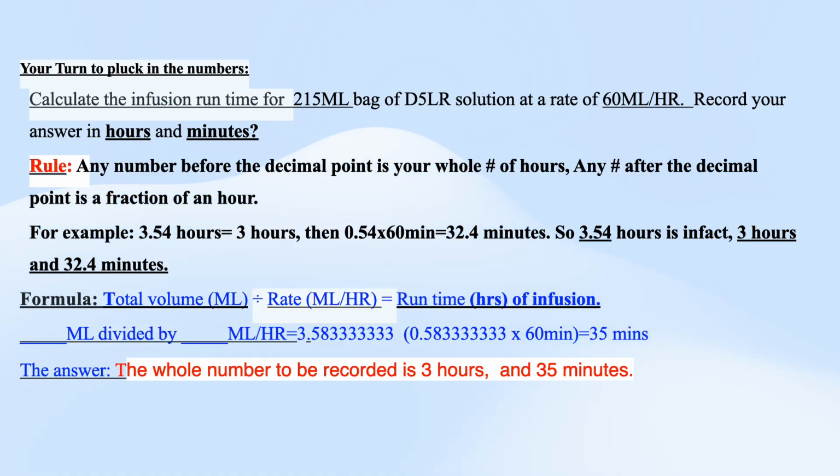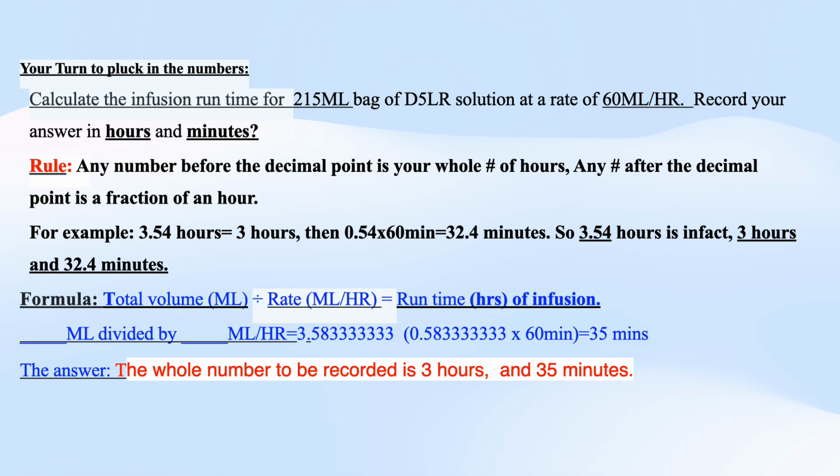So in this case, our correct answer is 3 hours and 35 minutes. See if it makes sense. If you multiply 3 hours by 60, that's 180 ml. 180 ml deducted from 215, and you will see how much you have remaining is a bit more than half of the hourly rate, which is equivalent to 35 minutes.